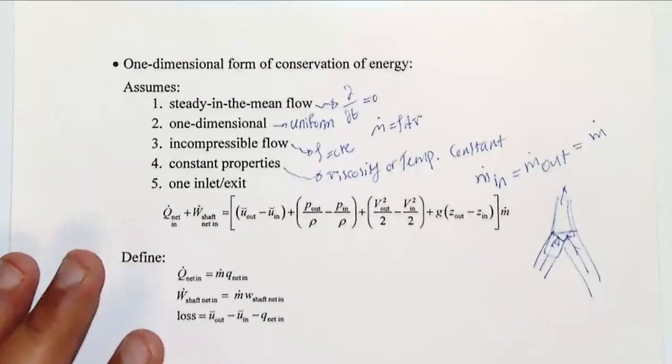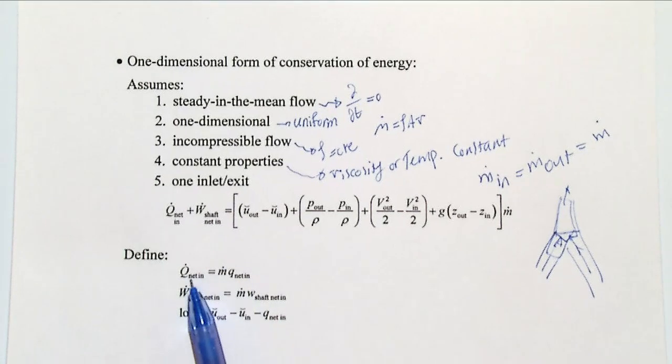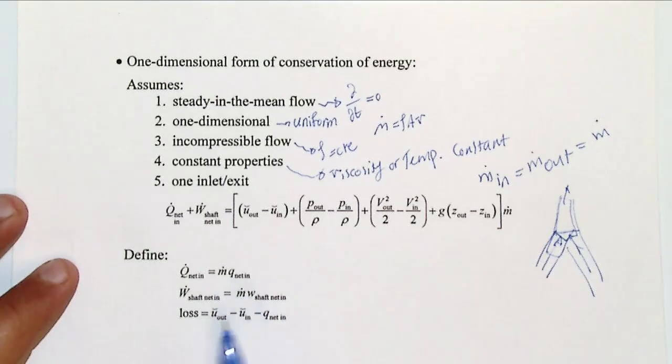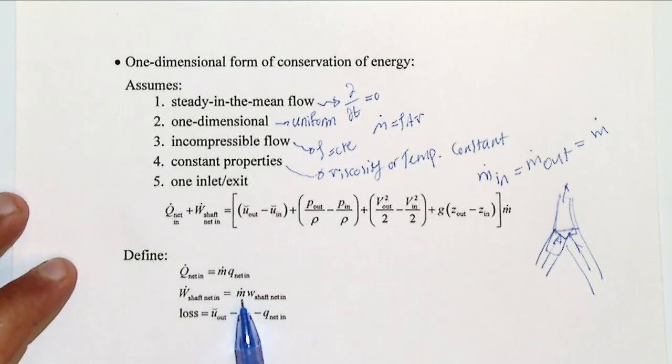If the flow comes in, it brings heat to your control volume, right? So Q dot net can be defined as m dot, your mass flow rate, times q net, which is the amount of energy as heat per unit mass. And W dot net is m dot times w shaft, where w again is the work per unit mass.